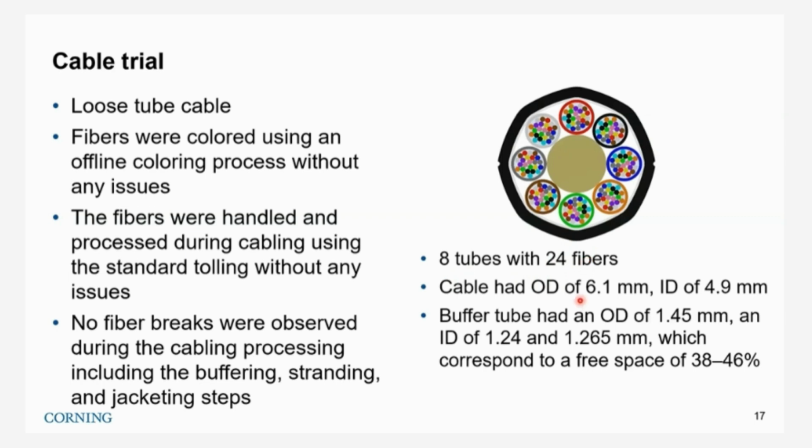Then we use two different tube diameters, and then we can change the air fill fraction, basically changing the pressure or force applied to the fiber during the temperature cycling.